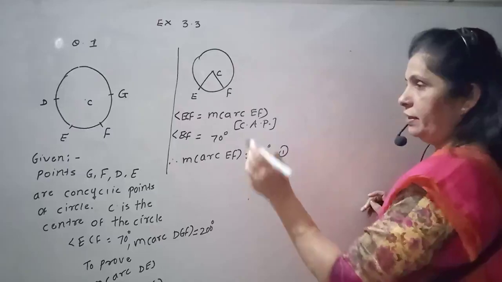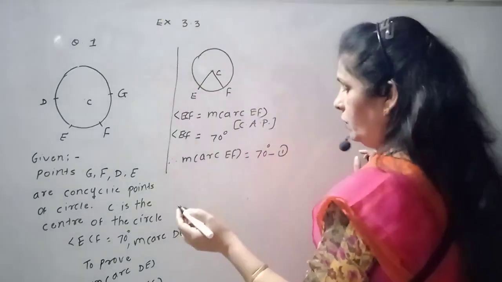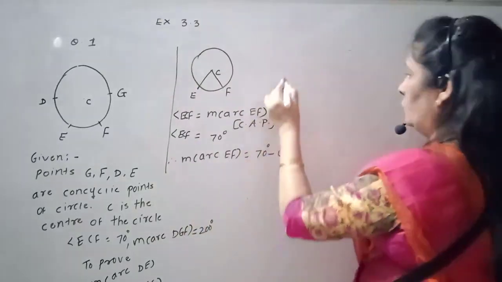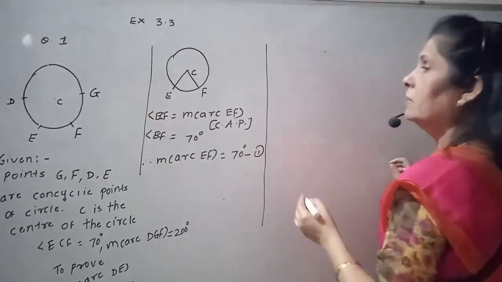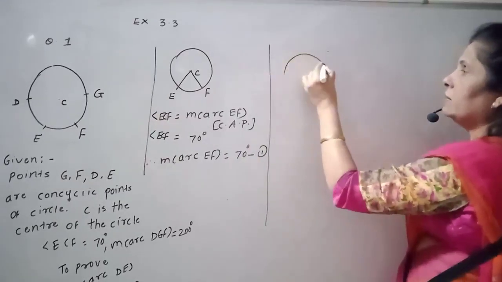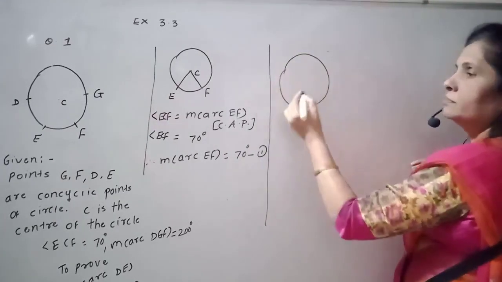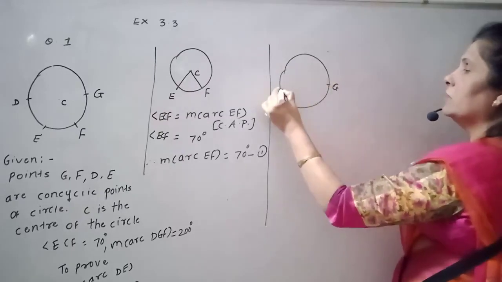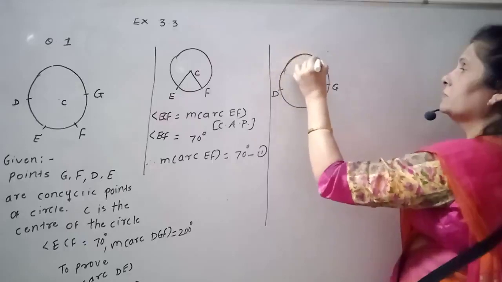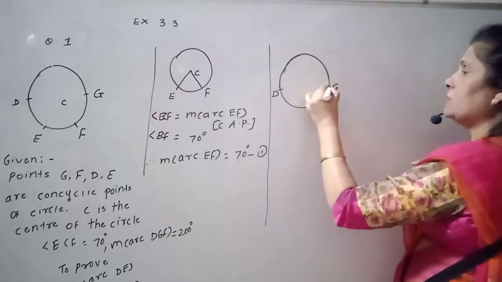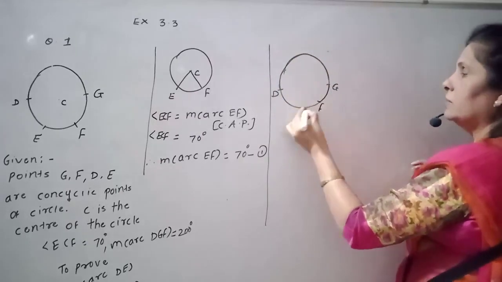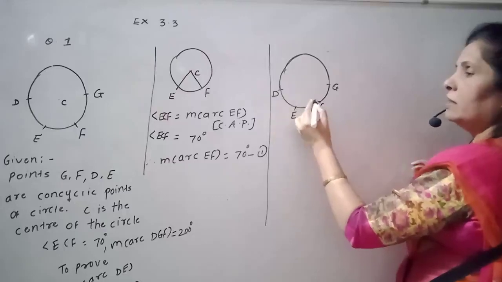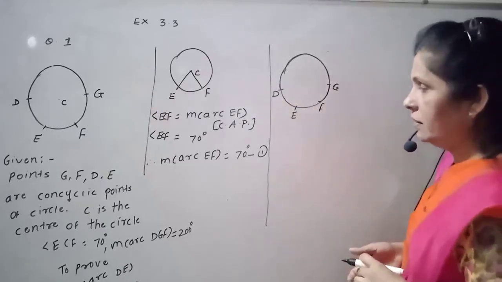Now we will find out measure of arc DEF. How? Let us see. I will draw a circle again. DG is an arc, GF is one arc, EF is also an arc and DEF is one arc.